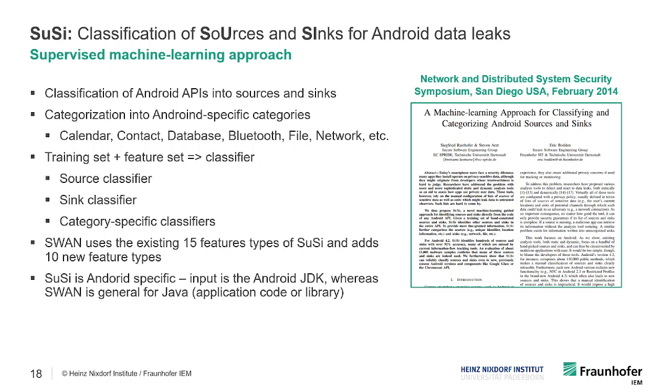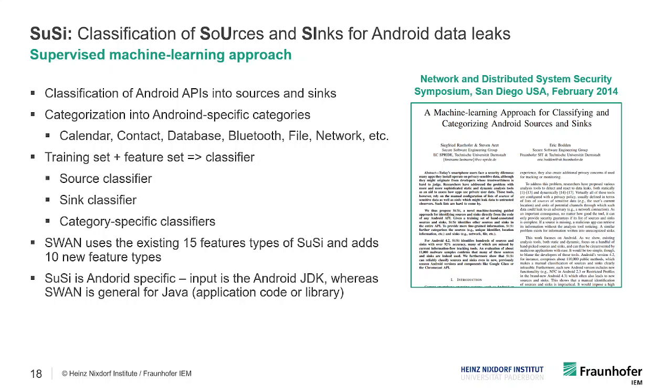This SUSI tool is also available as open source. You can have a look, and it was used for FlowDroid to generate and infer sources and sinks from the Android SDK.